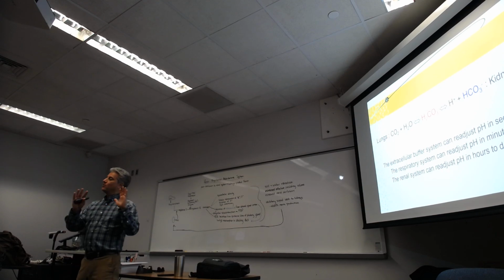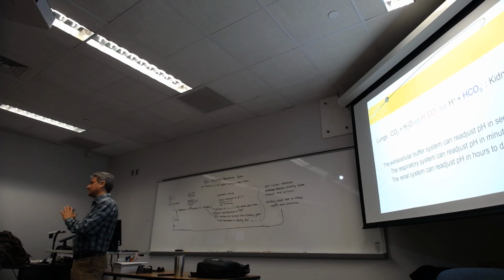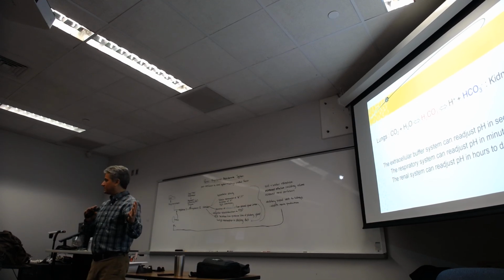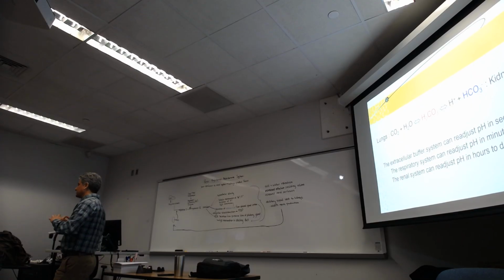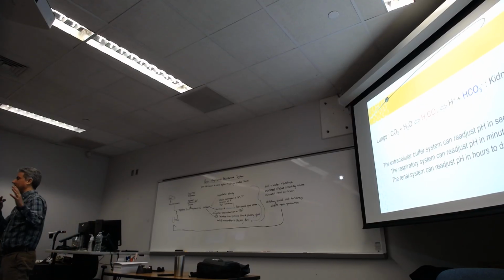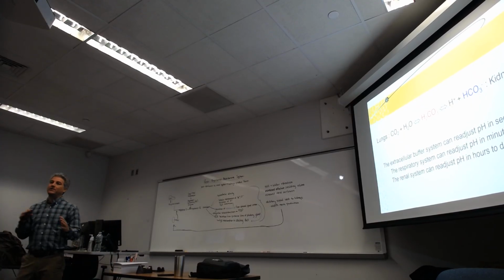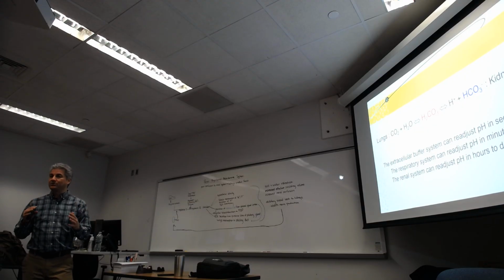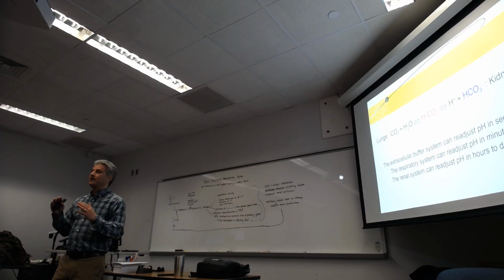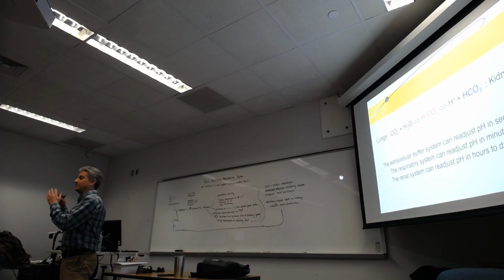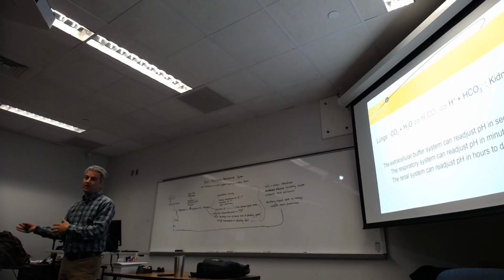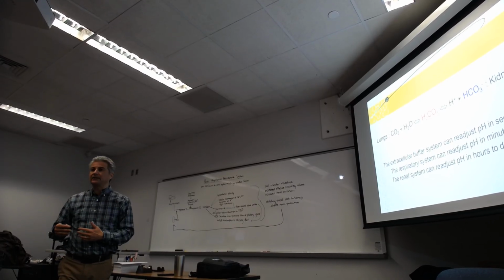So now you can move back and forth across this buffer based on the circumstances in the body as to how many hydrogen ions you have, how much bicarb you have, how much carbonic acid you can create, and then how much of that carbonic acid can be broken down into water and carbon dioxide.